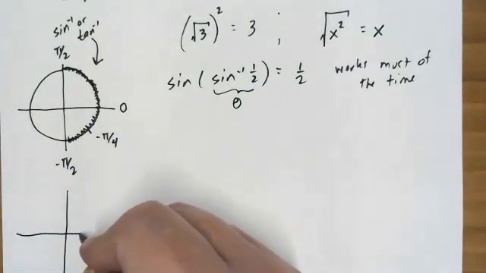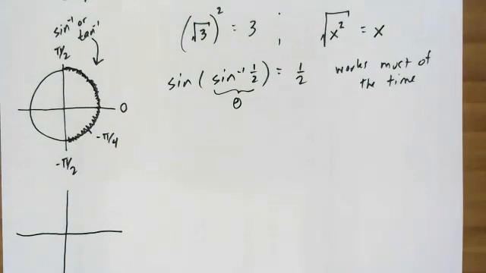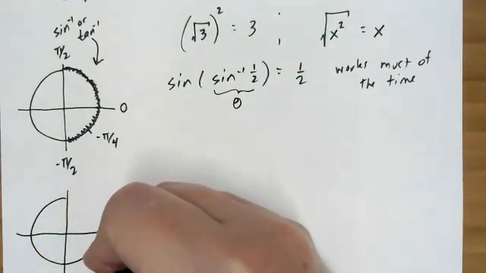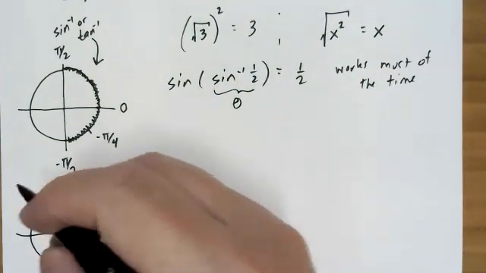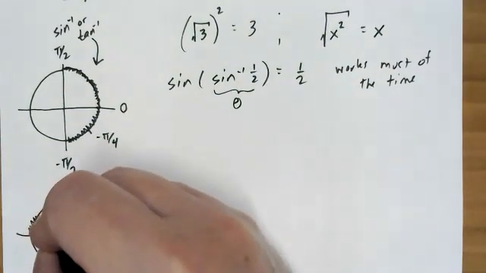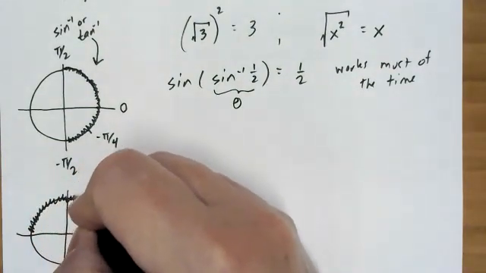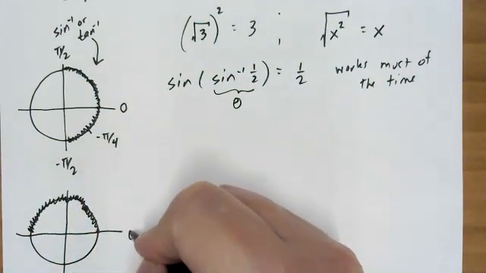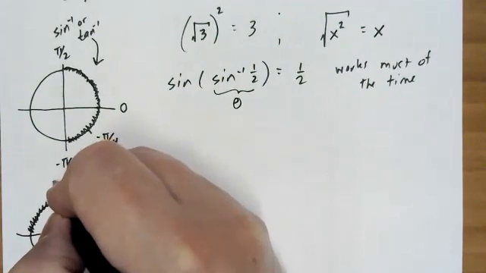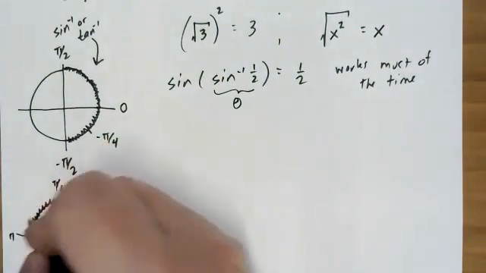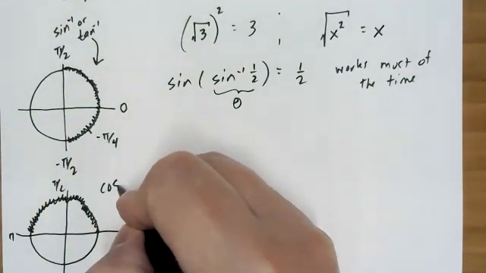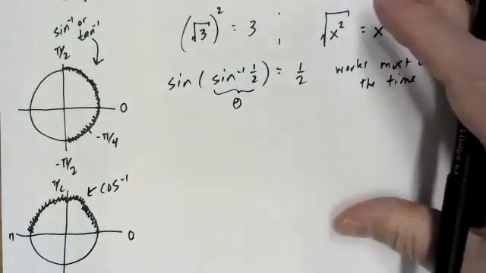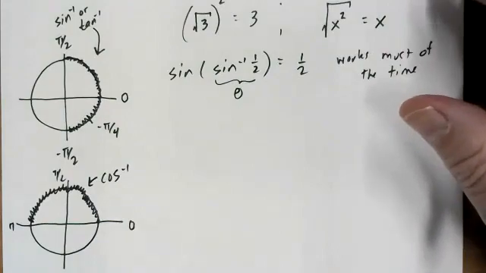The cosine has the same kind of restriction, except for the cosine, the restriction is, if you take the inverse cosine, the angle or the answer has to come from the top half of the unit circle.